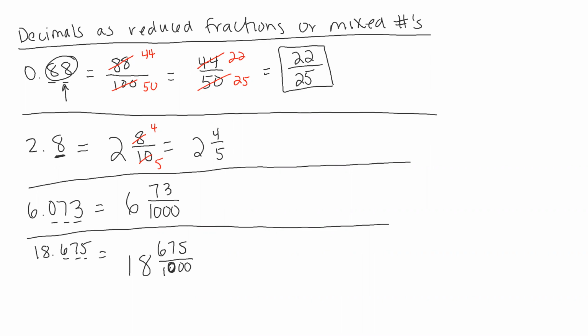But something like 675 over 1,000, it seems like it would be impossible to reduce. But 675 ends in a 5, 1,000 ends in 0, so you at least know that these are divisible by 5. So what I would encourage you to do, instead of just doing this all on the calculator, use the calculator to help you with the calculations, but still reduce by hand, if that makes sense.